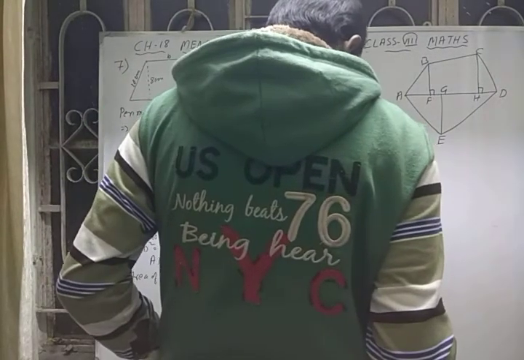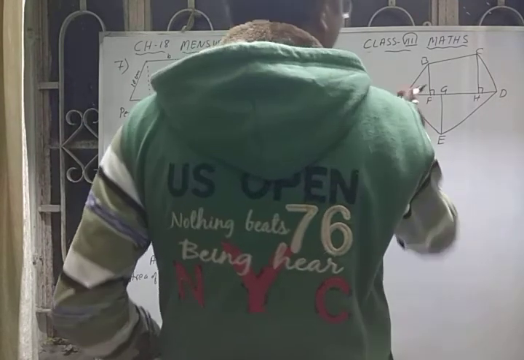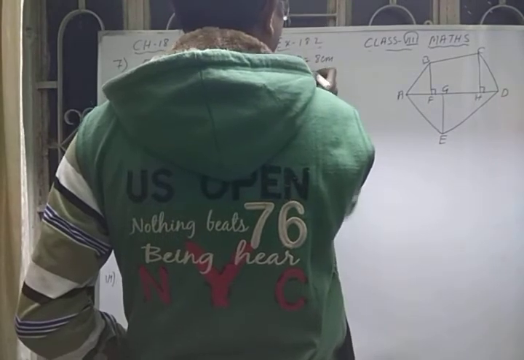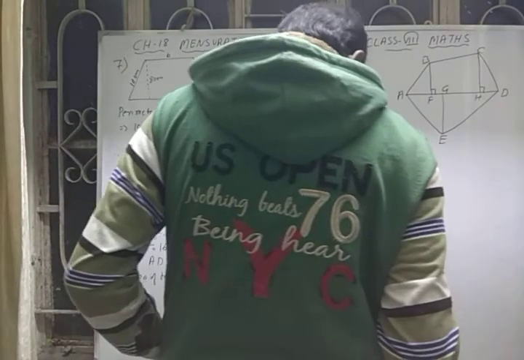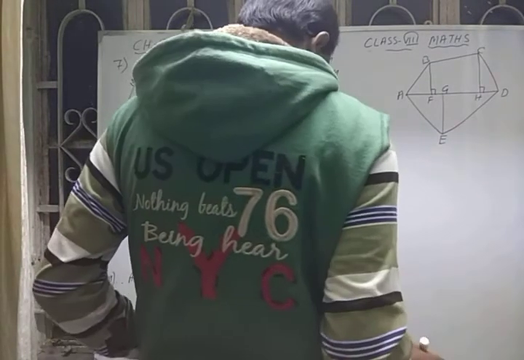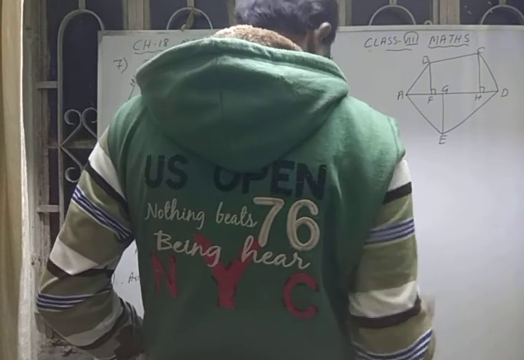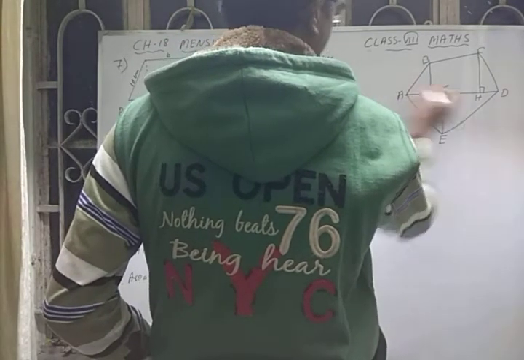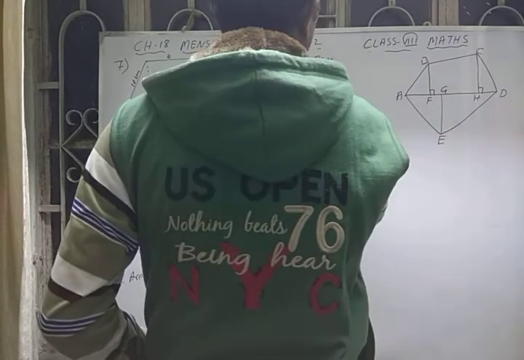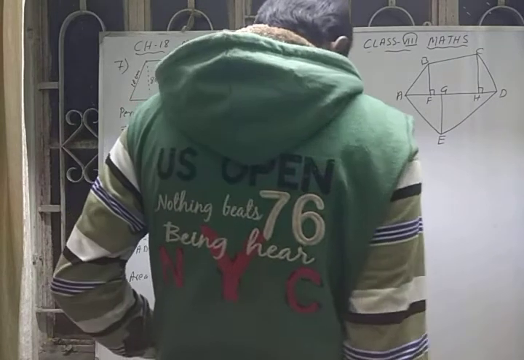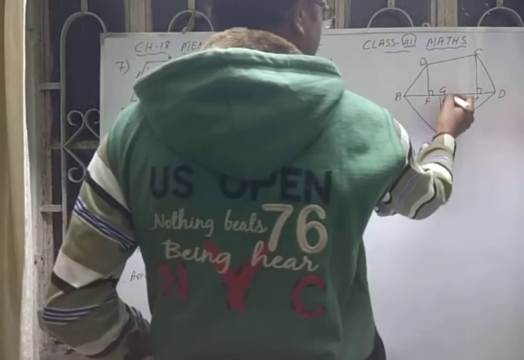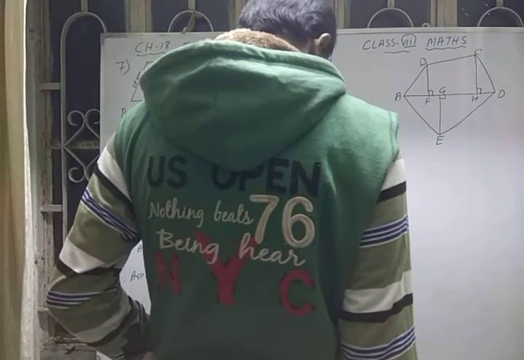Then AH, from this end to this end, AH is given 6 centimeter. Okay, so first of all you write all the information, and this portion AG is given 3 centimeter, and the three perpendiculars, the heights of these perpendiculars, are given.